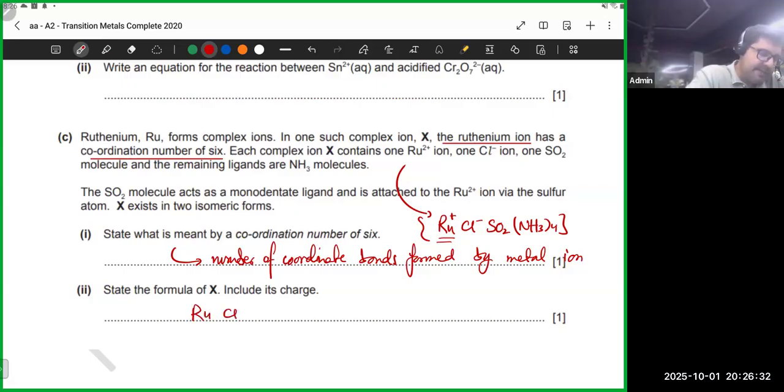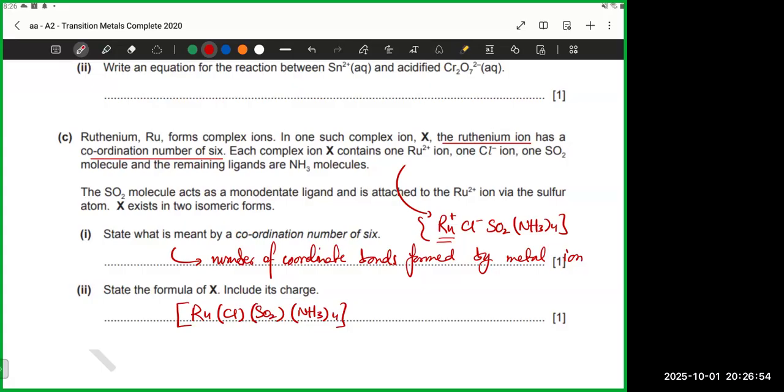The way you should write this is I'm going to put Cl in brackets, SO2 in brackets, and then 4 NH3s. Ru was +1, Cl was -1, and the other two were neutral, right? Is this clear? Ibrahim, Qasim, Isaac, is this clear? Yeah.